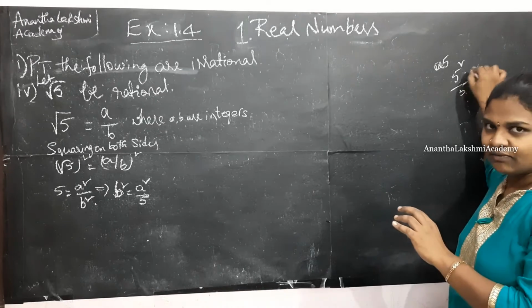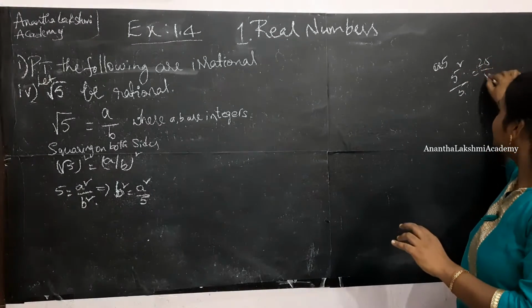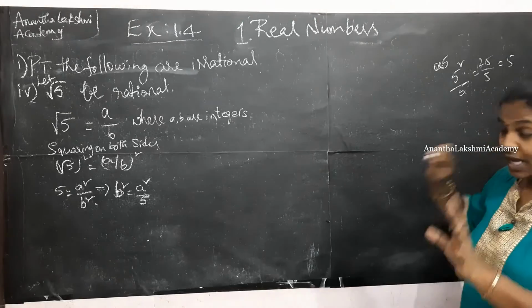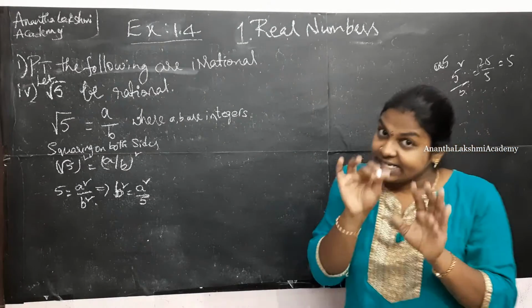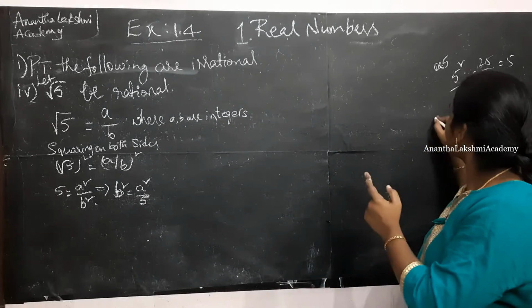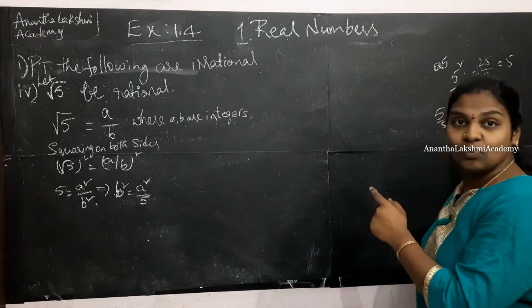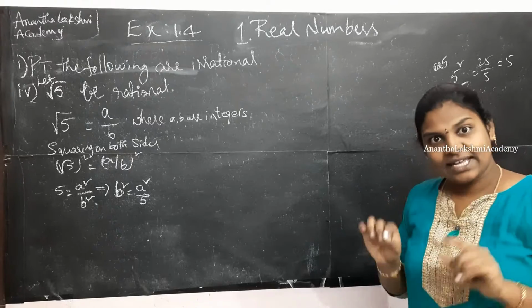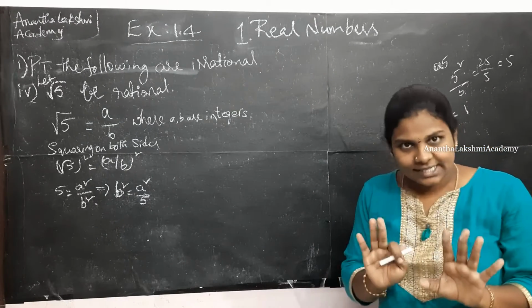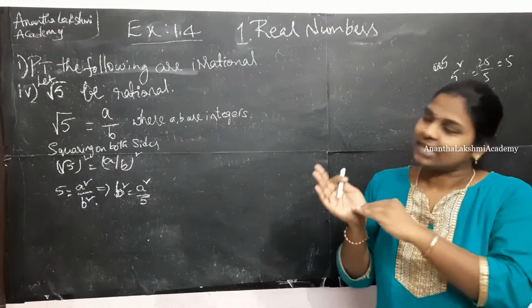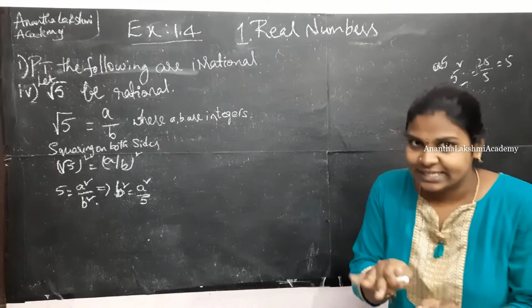Yes, 25 by 5 is divisible, which is 5. Now when 5 divides a square, 5 in turn divides a. What is a? 5. 5 by 5 is equal to 1. So when 5 divides a square, 5 is also dividing a. Isn't it true? Yes, that is one of the theorems just before this exercise.